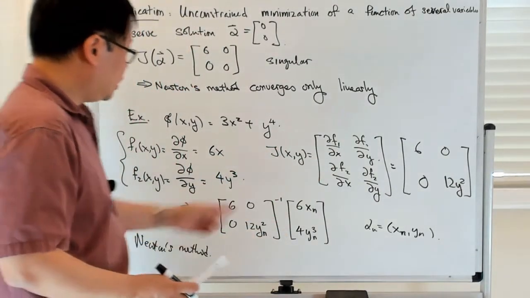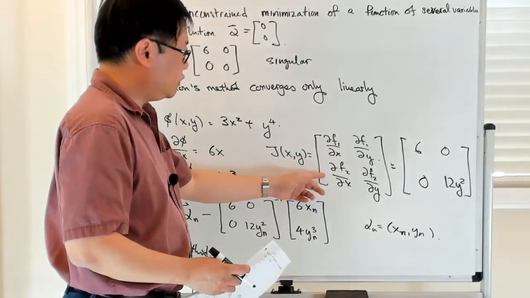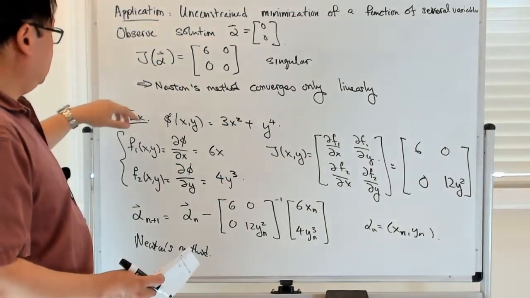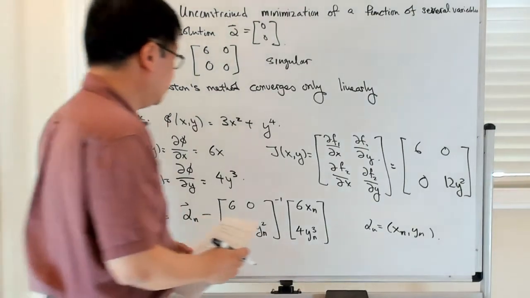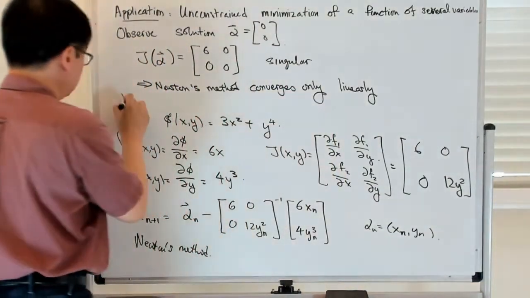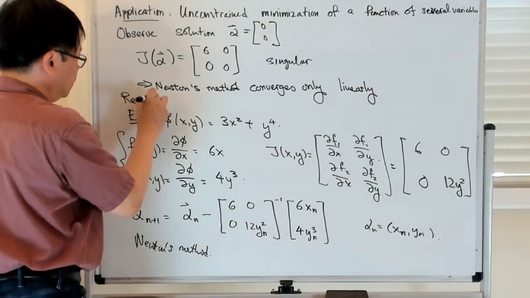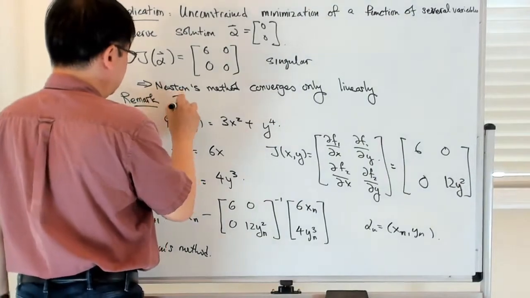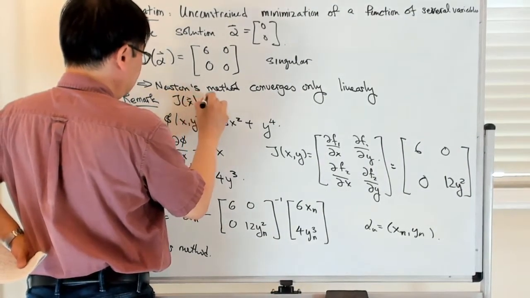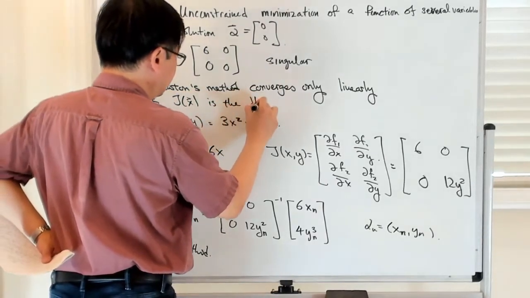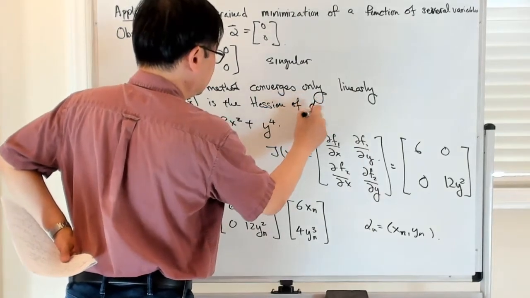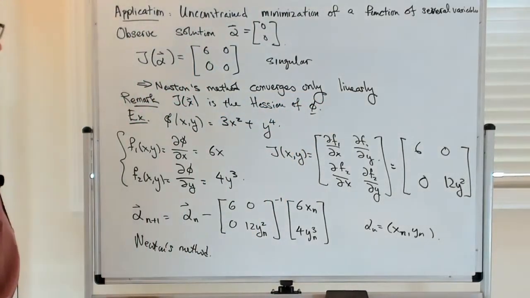You can actually check that the Jacobian here is really the Hessian of the original function. So I should remark also that J here is the Hessian of this objective function.